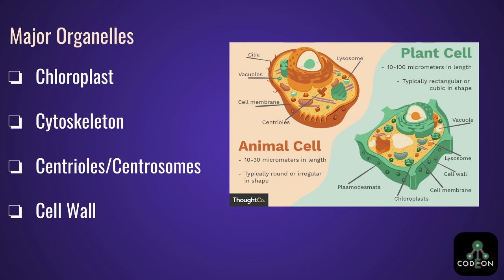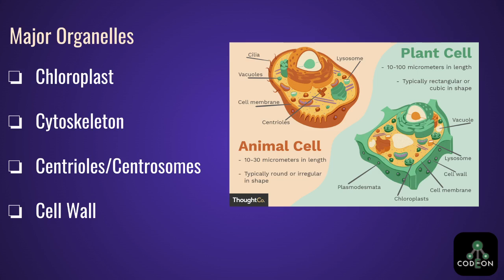And centrioles are going to be this type of structure that creates these spindle fibers, which will contribute to the pulling apart of chromosomes during cell replication. And in plant cells, they're going to be called microtubule organizing centers, or MTOCs, while in animals, they're going to be called centrosomes. So a little bit of different terminology between the two there.